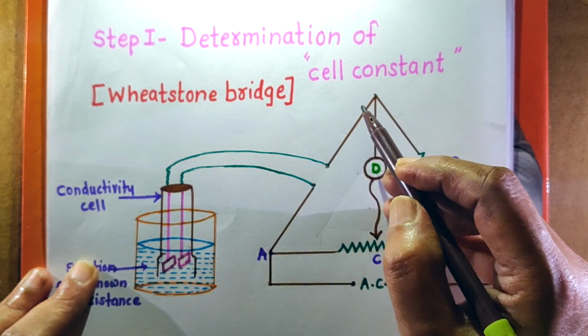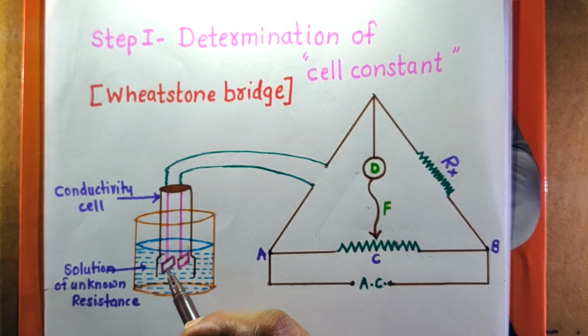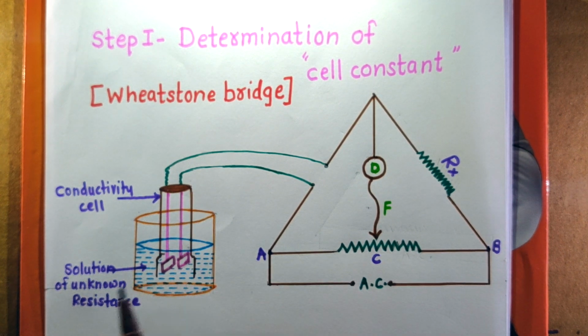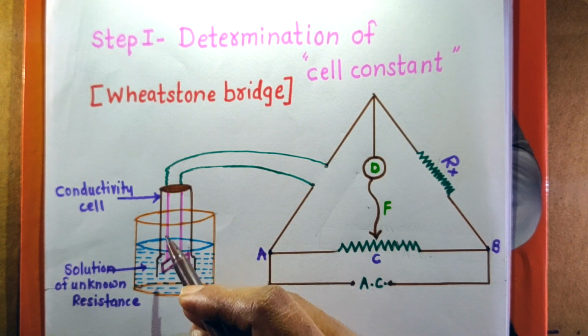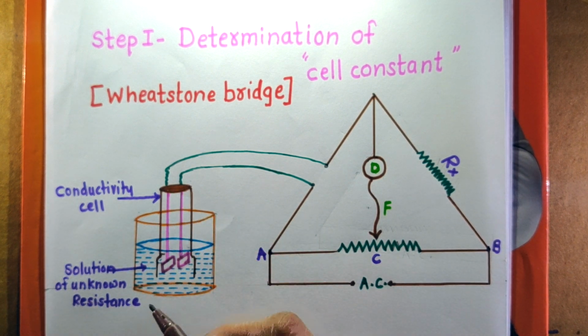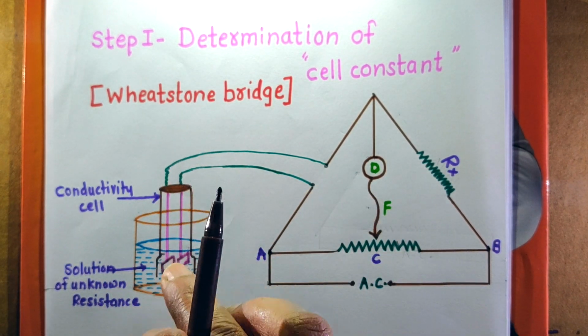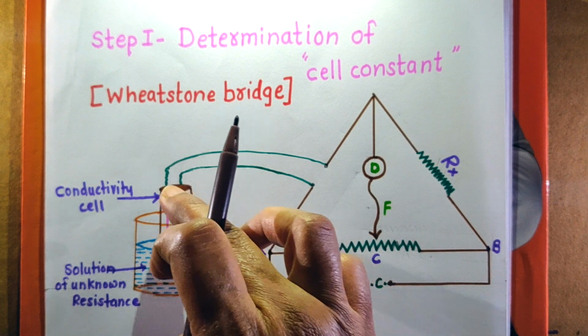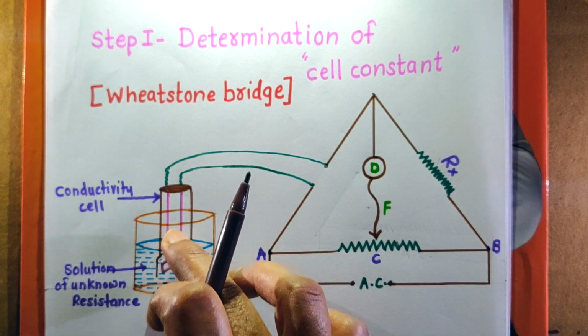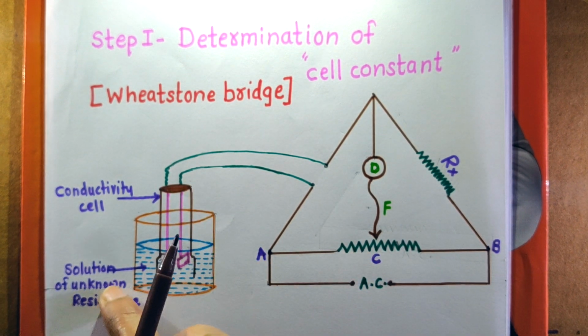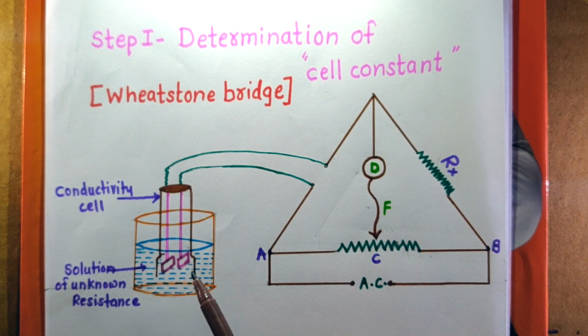Here we have taken in this beaker the solution whose resistance we have to determine, and we have taken one conductivity cell. Now see here, this is the conductivity cell. This diagram we have seen in the explanation of conductivity cell. This conductivity cell is dipped in a solution whose resistance we have to determine. Now this solution's resistance we don't know, we have to determine it by using this experiment first.